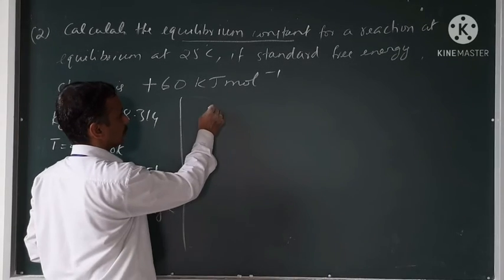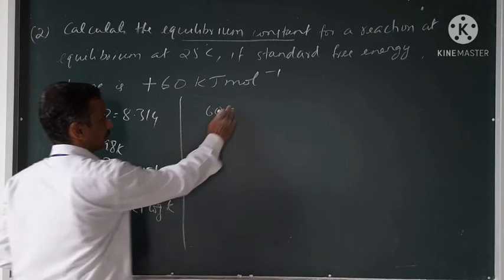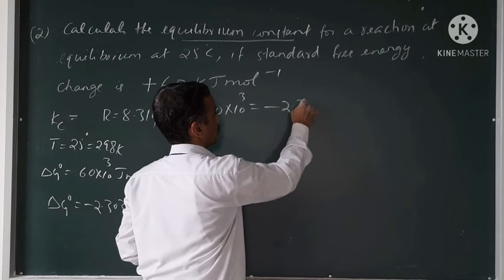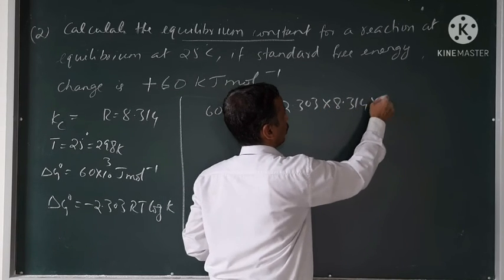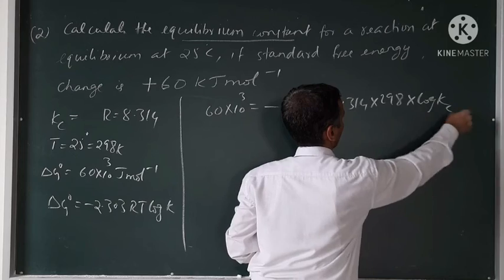Substitute. 60 into 10 over 3 is equal to minus 2.303 into 8.314 into 298 into log K, or log Kc.